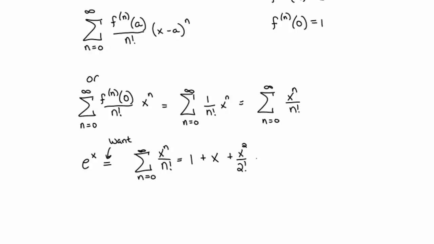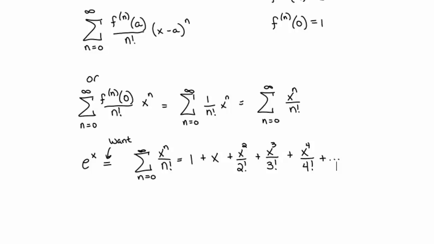So this is a cool expansion because we now know we can write e to the x as a polynomial. And so when you want to evaluate e to the x, you could just plug in those values into this polynomial instead. Of course, it is an infinitely long polynomial, so that's a problem.